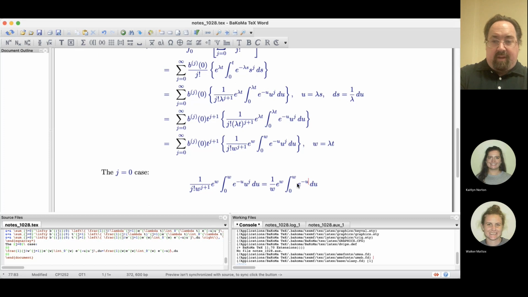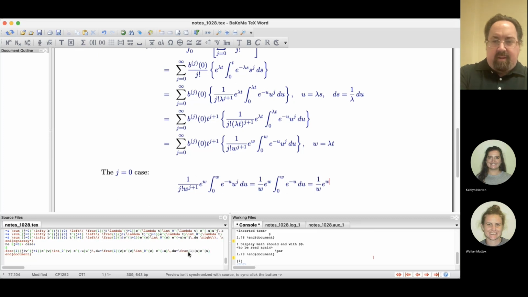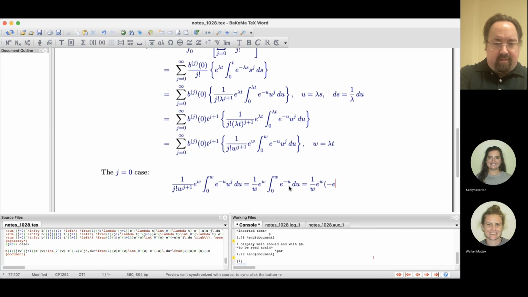So now the integral can be worked out, and that turns out to be minus e to the minus u with the limits plugged in.